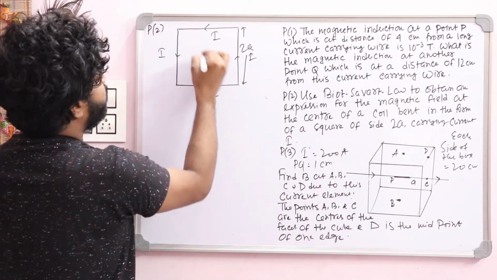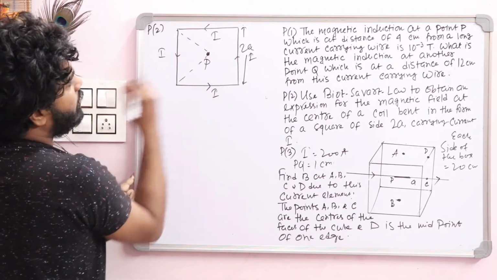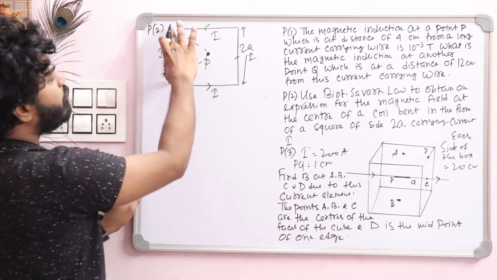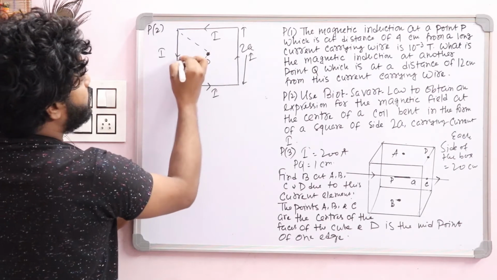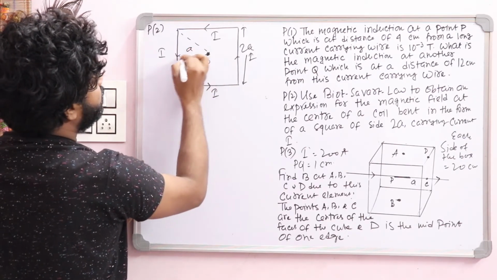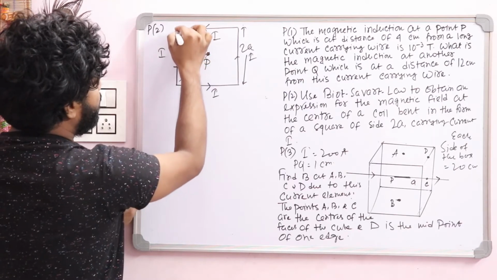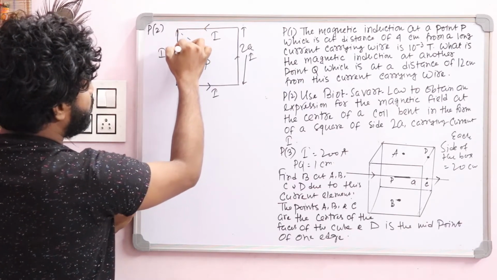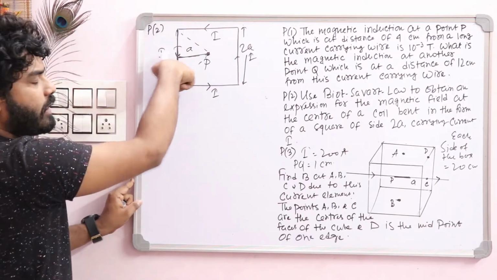So this is our point P, observation point. Now at first you find out the magnetic field at point P due to this side. This value is a, there this one will be del L, and del L will be directed along the direction of current. Here current is directed downward, so del L is directed downward.